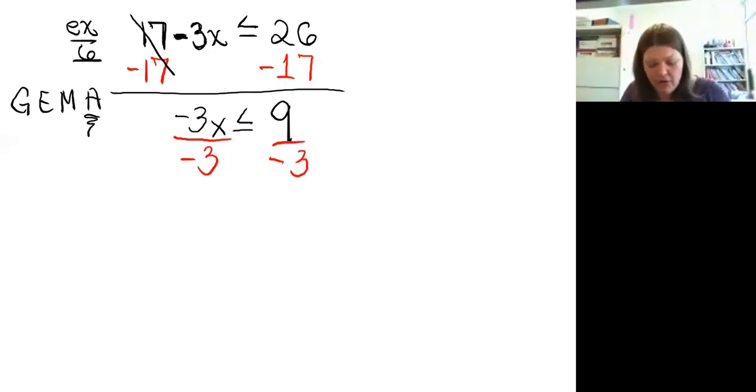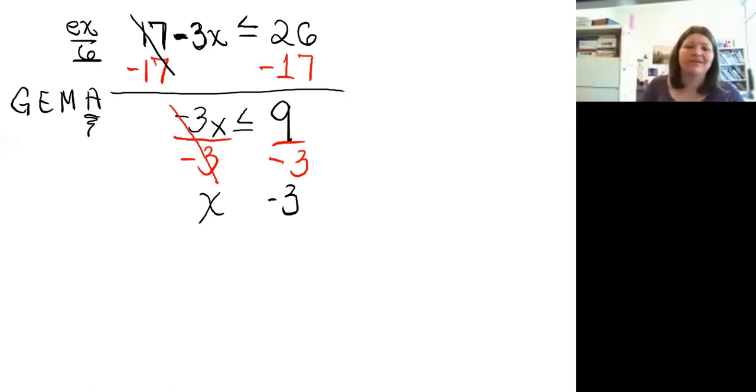Now, on this side, multiplying and dividing by -3 will cancel, of course, leaving me with just x. And on the right-hand side, 9 divided by -3 is -3. You can feel free to do that in a calculator if you don't believe me. But notice that I divided by a negative.